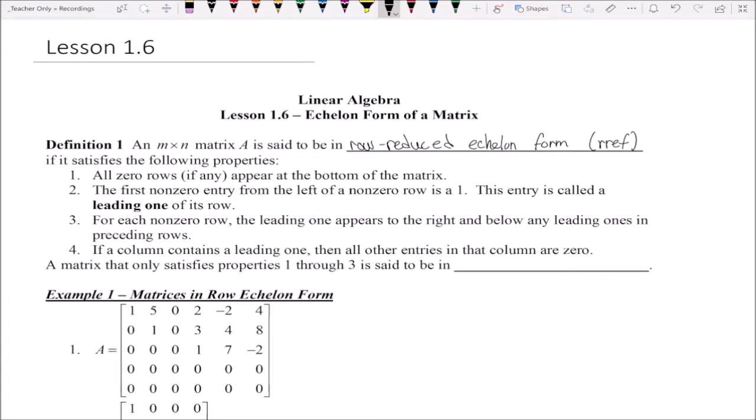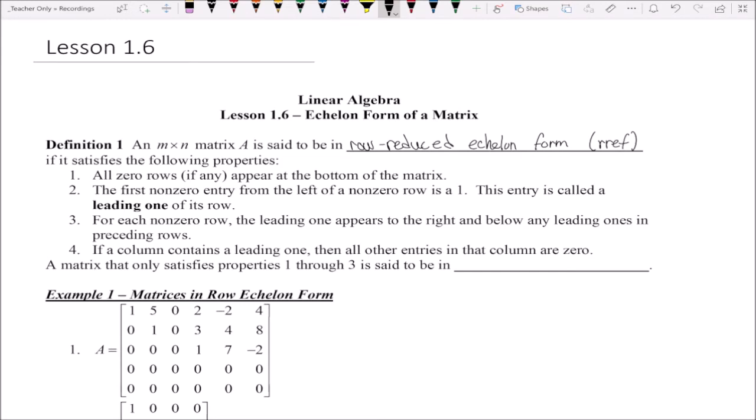This entry is called the leading one of its row. Third, for each non-zero row, the leading one appears to the right and below any leading ones in preceding rows. Finally, if a column contains a leading 1, then all other entries in that column are 0.